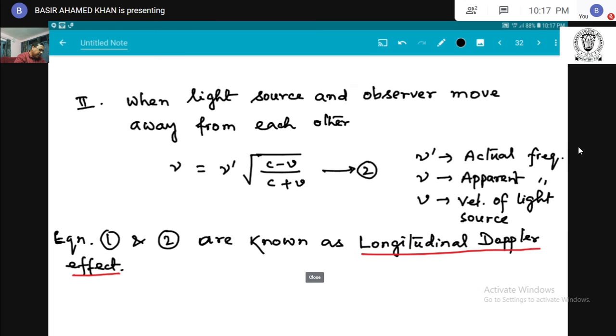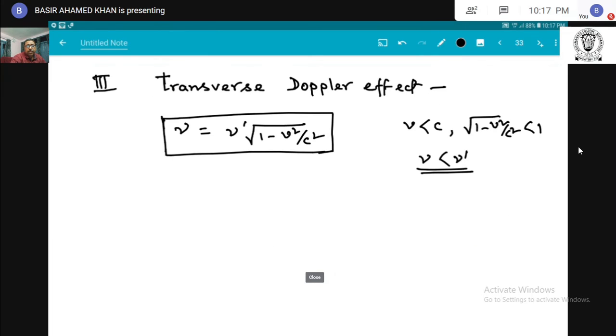But when the light source and observer move away from each other, then nu is less than nu 0. And in the transverse Doppler effect, the apparent frequency is always smaller than the actual frequency. So these three relations arise and give the apparent frequency of light due to relative motion between source and observer.